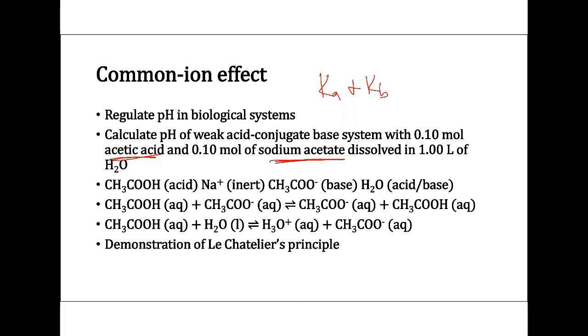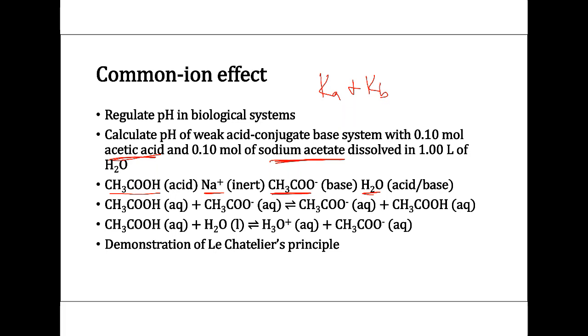So what we're going to do here is look at the process of mixing acetic acid and then acetate. So species that would be present would be our acetic acid. Then if we had sodium acetate, we'd have our sodium ion and then our acetate anion from whenever those dissociate, and then we'd end up with water, which can behave as either an acid or a base.